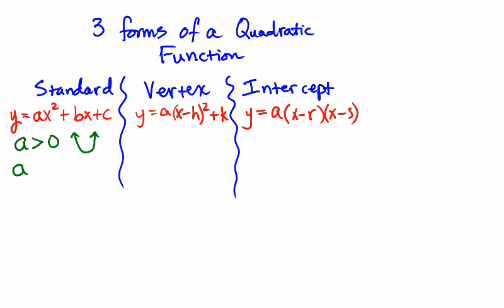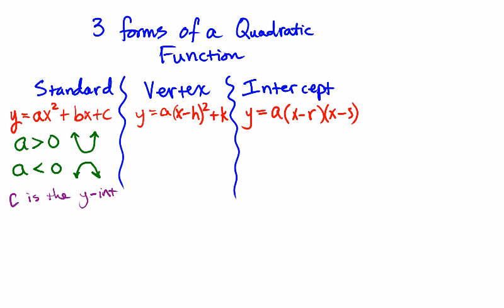And if a is negative, less than 0, then the parabola will open downward. And that's actually the same for all three. The final thing standard form can tell you is that c is the y-intercept, and so that'll move the parabola up and down on the y-axis.